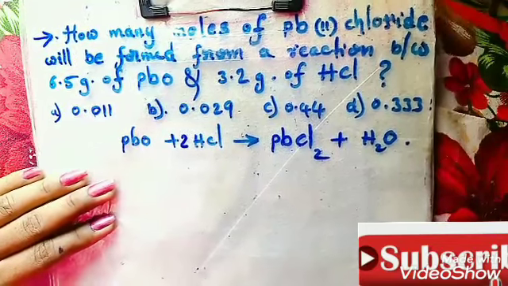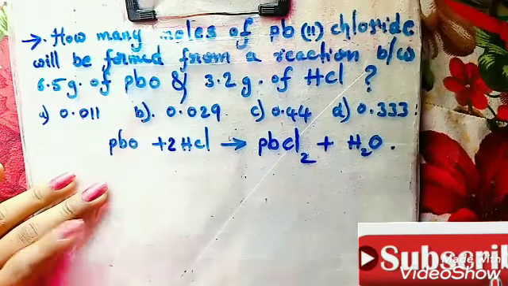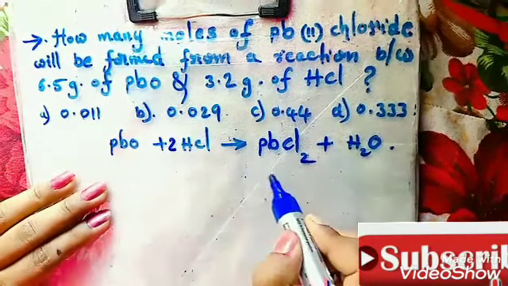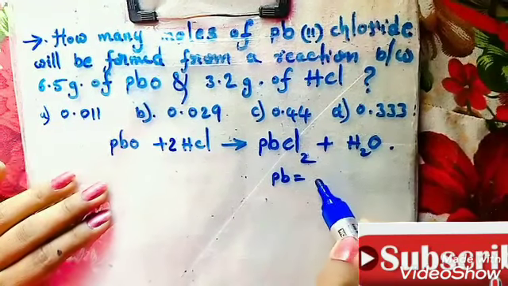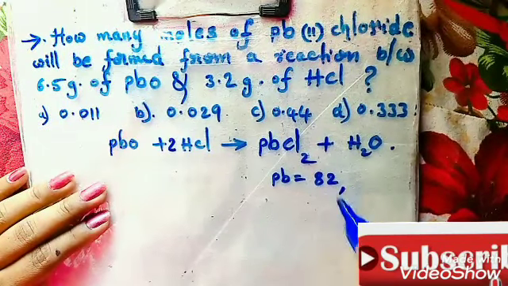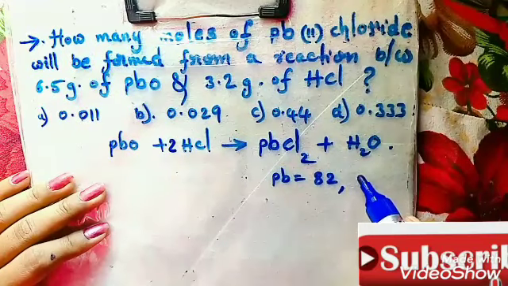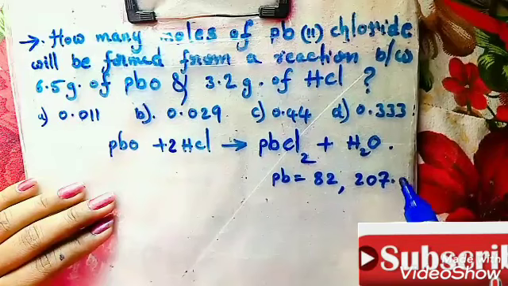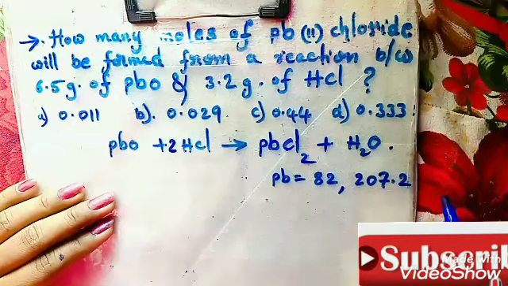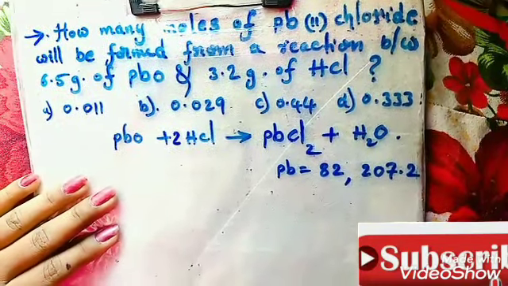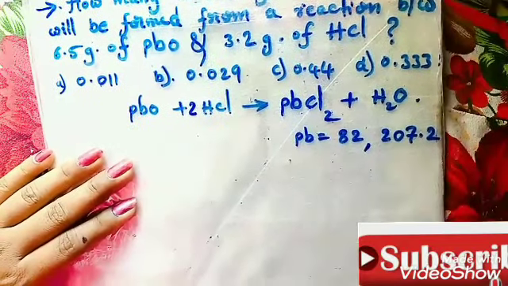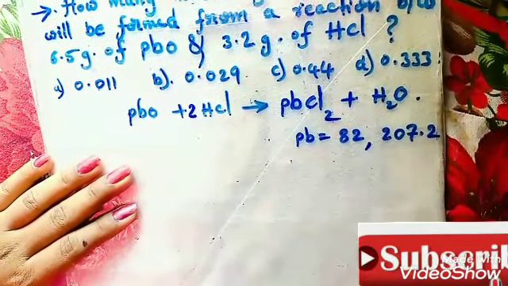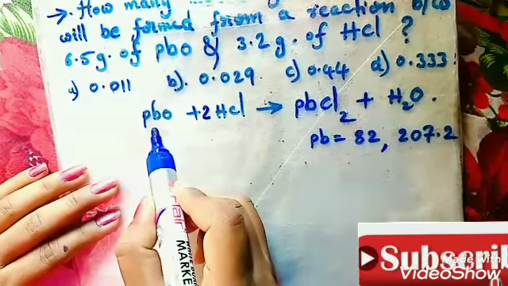So here you have to find out the molecular masses also. For lead, the atomic number is 82 and the atomic mass is 207.2. They may give that in the question itself, no need to worry about this. Let's get into the answer for PbO.